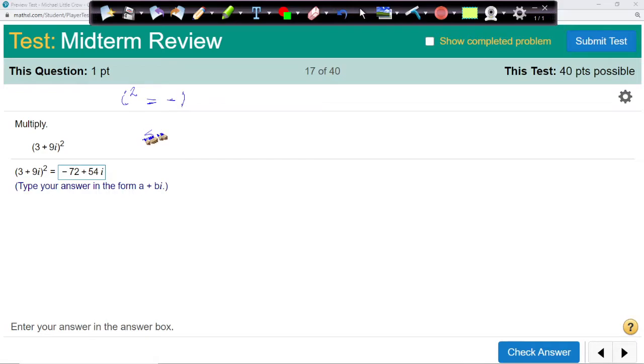So we take 3 plus 9i times 3 plus 9i. That's squaring it.